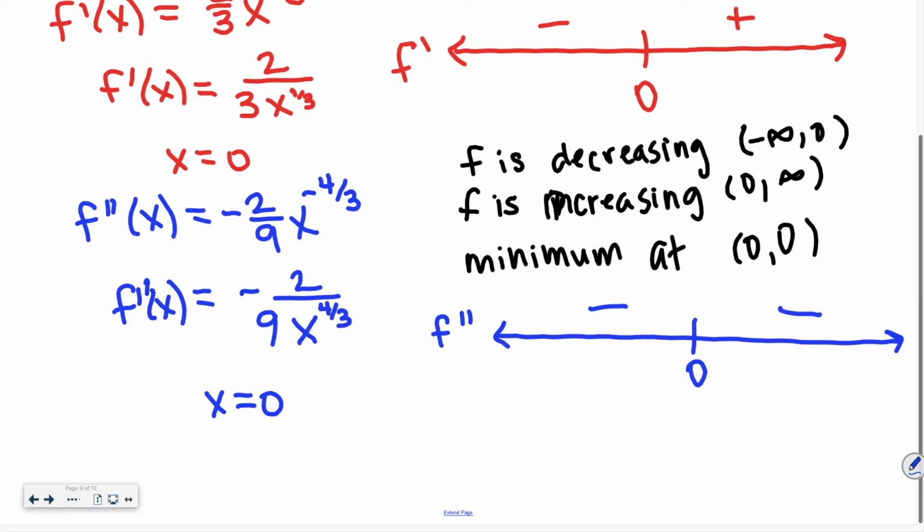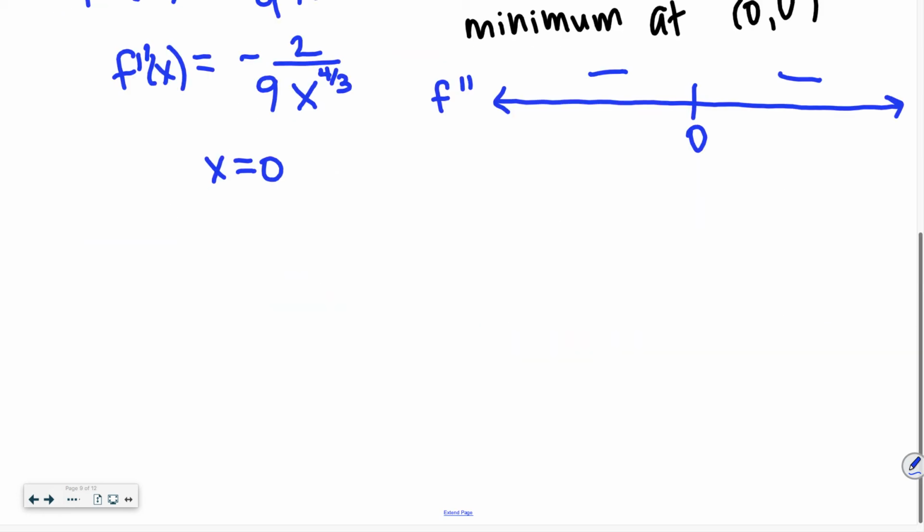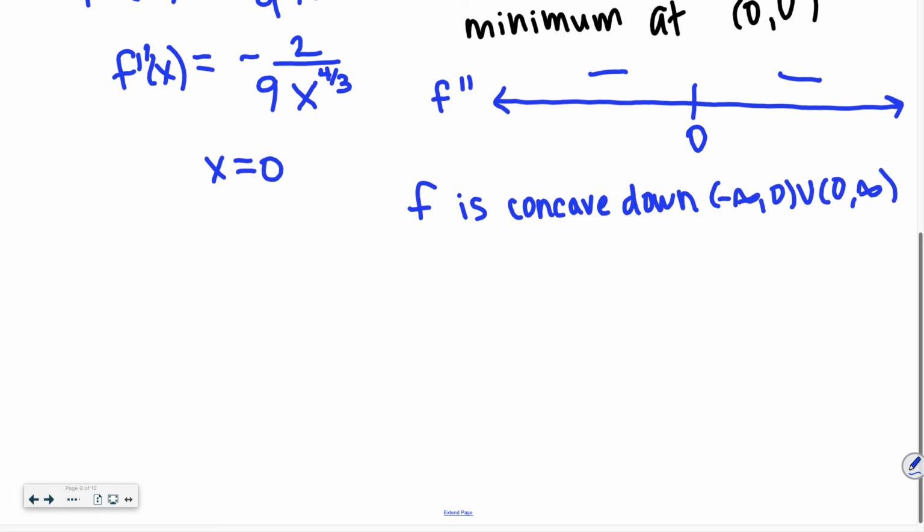Now, just as we talked about with our increasing and decreasing intervals, you cannot tell me that this is always concave down. You have to tell me that f is concave down from negative infinity to 0 and 0 to infinity. You have to actually break that up, because at 0, there's no concavity. The second derivative is undefined.